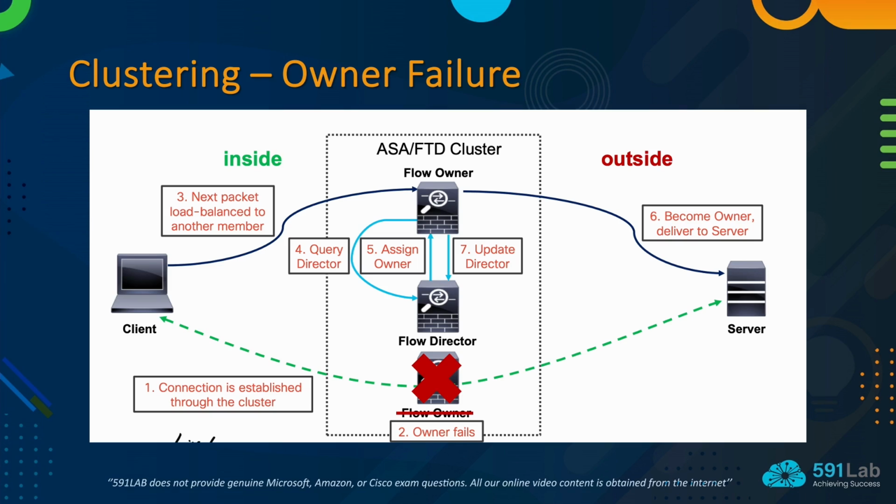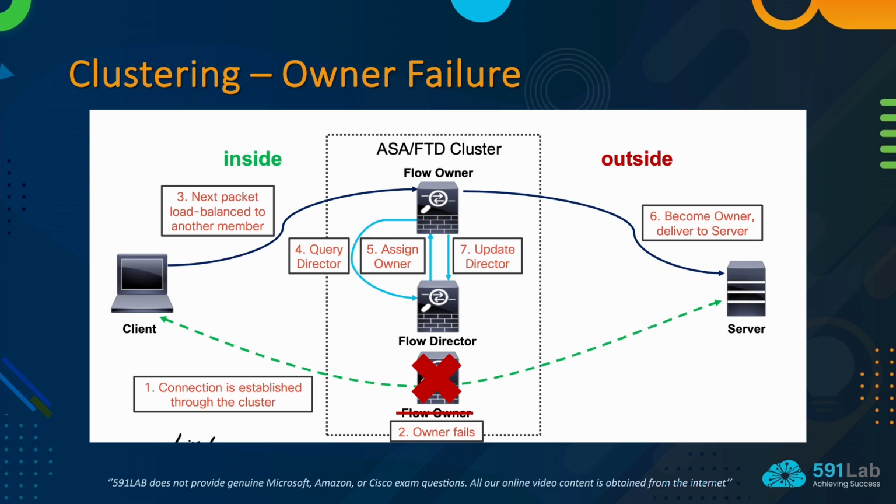Connection stalling is another: ongoing data exchange between the client and the server might halt until a new flow owner is assigned. The client not receiving a response from the server due to the flow owner failure might initiate the retries.